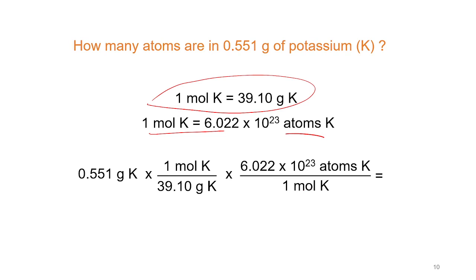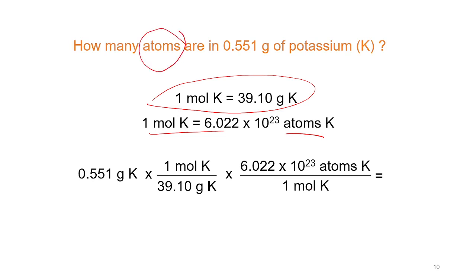the 1 mole of potassium and the atoms of potassium are inverted, right? How do we know if we will put Avogadro's number on the numerator and the number of moles in the denominator? You just need to look at your outcome.